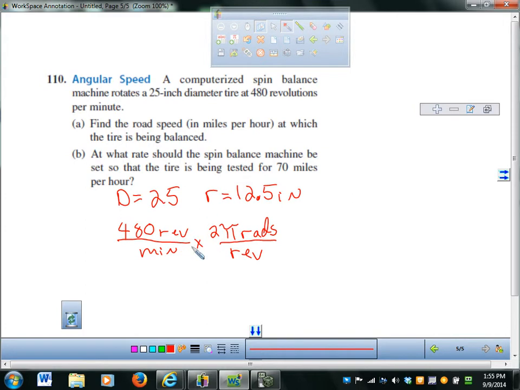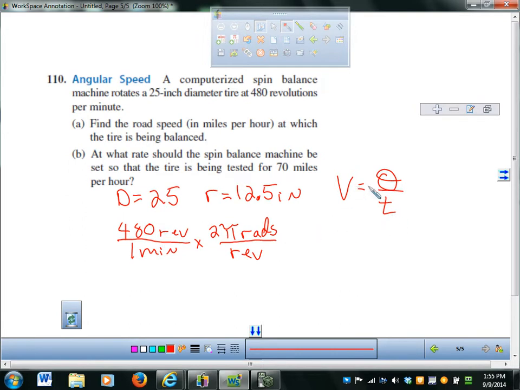That's the angle that it's rotating through. Per minute, that's the time. So we're using the formula V is equal to theta over T again. It's going around the circle 480 times every minute, so the time is 1 minute.